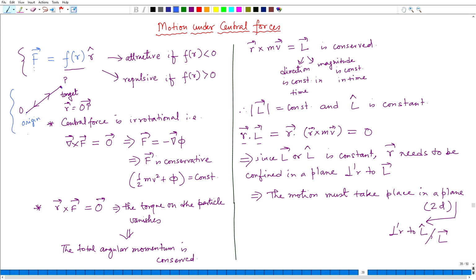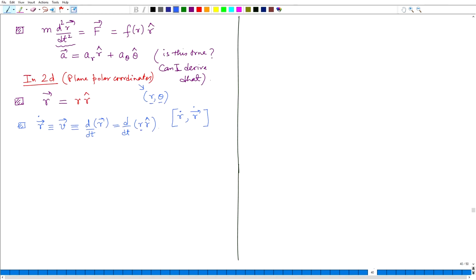So, now I will write this is equal to dr/dt r cap plus r d(r cap)/dt. Here you see a mammoth difference between plane polar coordinates and the Cartesian coordinate system. That is why I keep this part of the screen blank, so that I can discuss the difference between these two coordinate systems.